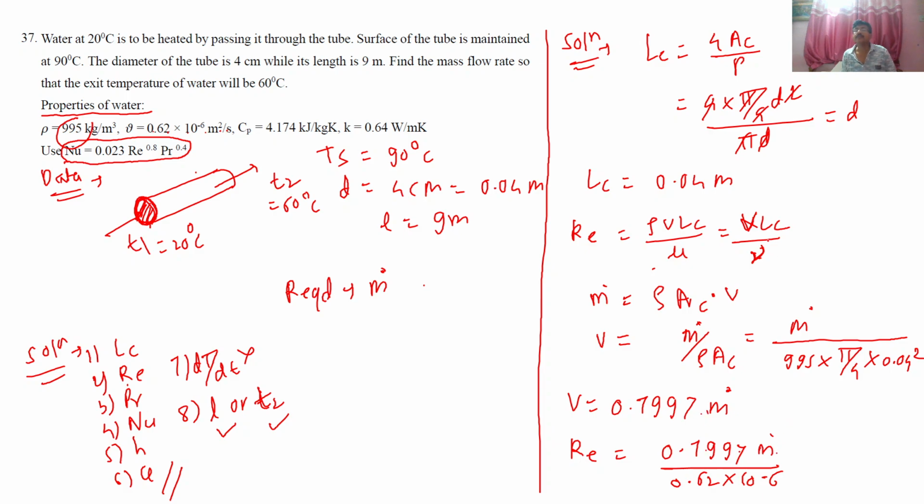Okay. Lc value I have not substituted here, that is remaining. That's why the mistake is happening. What is Lc? Lc is diameter 0.04.